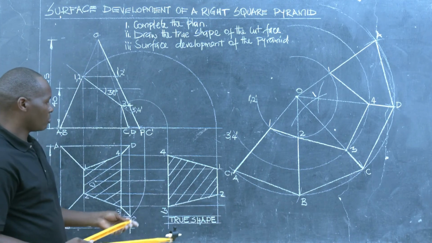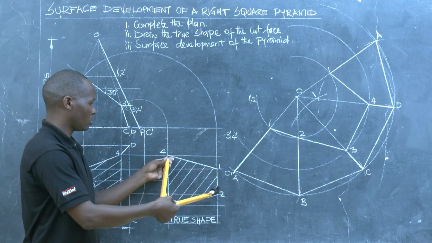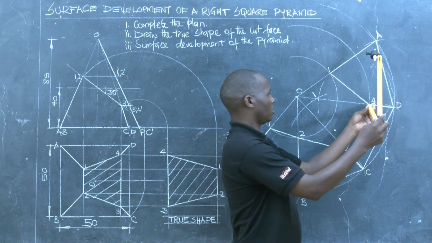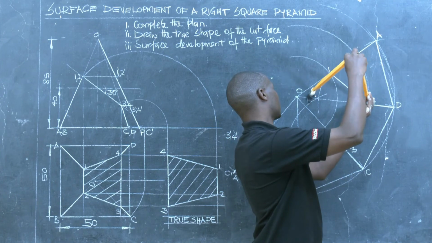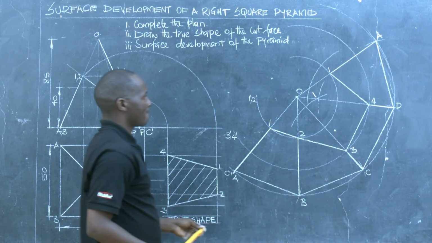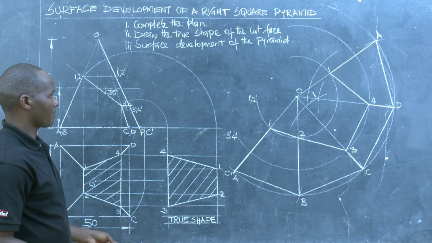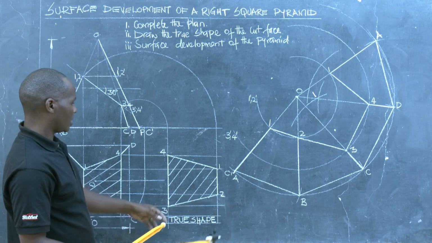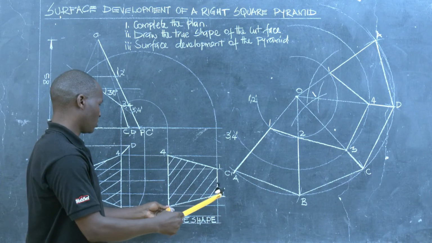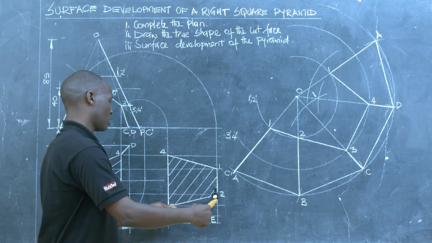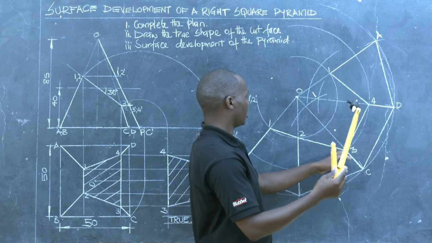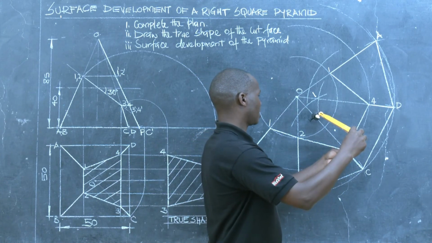Then we establish point 2. Again we do the same. We get distance 4, 2. Then using point 4, describe an arc. And then we get distance 3, 2. Using point 3, we describe another arc.